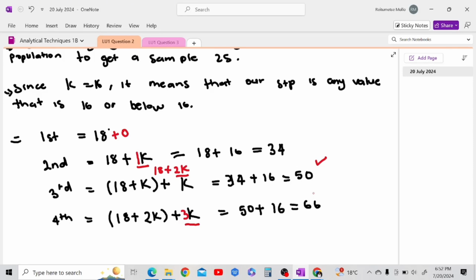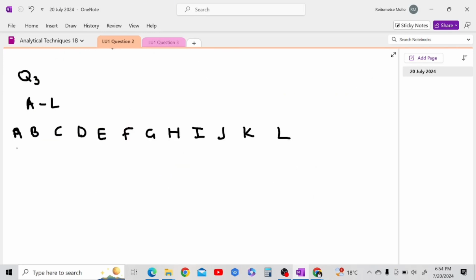This is question number 3. How many books do we have? We have books from A to L. So let's write them down: A, B, C, D, E, F, G, H, I, J, K, L. Let's count from A to L: 1, 2, 3, 4, 5, 6, 7, 8, 9, 10, 11, 12.